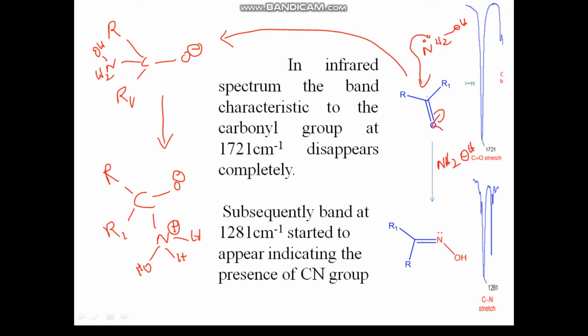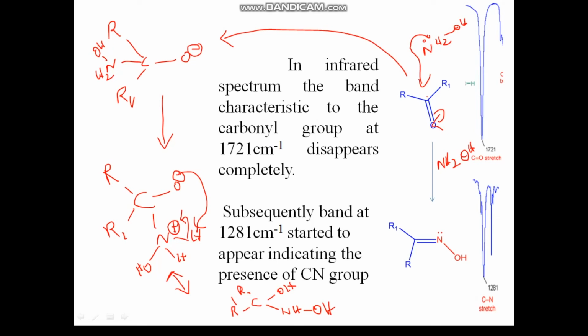Because the lone pair is attacking the carbon, so obviously it bears a positive charge. So it grabs the proton, pushes this one back again. This will lead to this type of group: R, R dash, your OH, your NHOH.